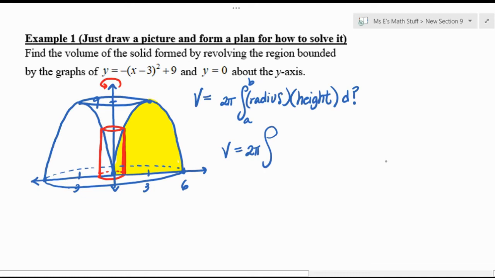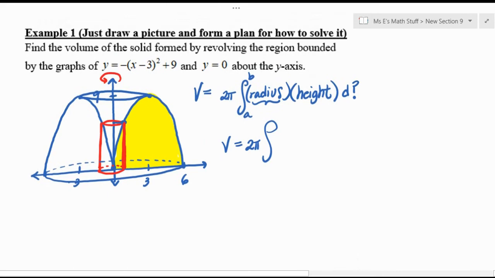So let's fill in, for example, the radius here. Look at your picture, what does it look like the radius is of that cylindrical shell? Well, I claim that it's just the x coordinate that it would take to get onto the original region. It's exactly the x coordinate. And so I would put x in this case in place of radius. What's the height?